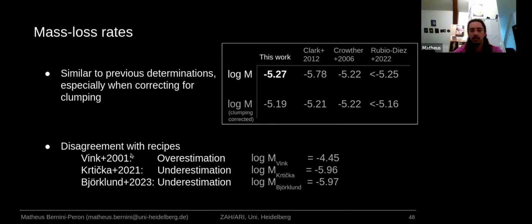But when we compare to other, newer mass loss rate recipes, which imply a different evolutionary behavior compared to Vink's, we obtain the inverse, an underestimation. So it's interesting that we are finding something in between these two types of recipes, the old and the new ones.